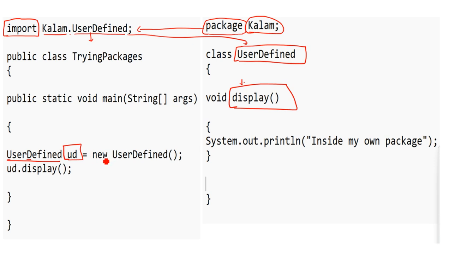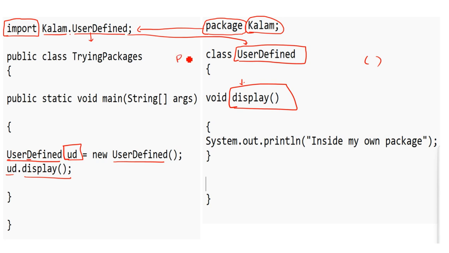New is used to create a new copy, and this indicates a method. The method name and the class name here are the same, so that is called a constructor. Now what is a constructor type? Let's not get into that in this video.